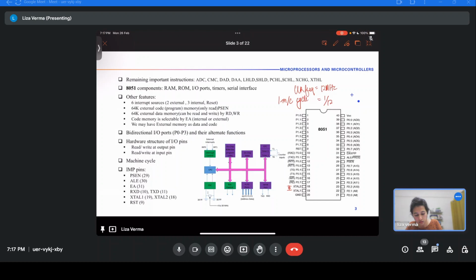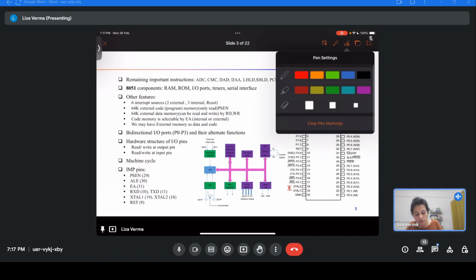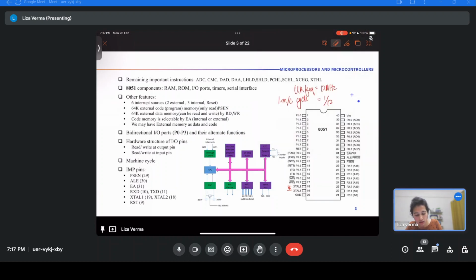So it will be about 1 microsecond if you divide it by 12. I don't remember the exact number.